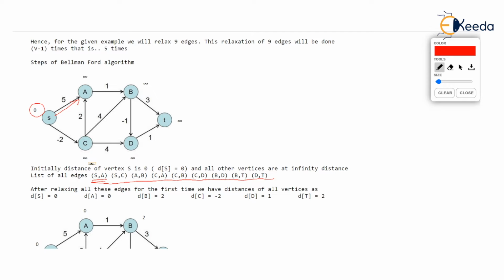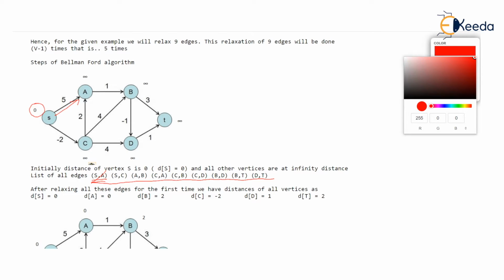So let's try to relax S comma A. I'm striking it out. Let's see S comma A, the edge. I'll better change the color for some time. Let's try to relax S to A. So how will you relax? Is 0 plus 5?